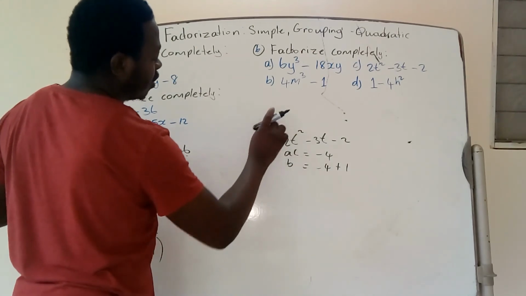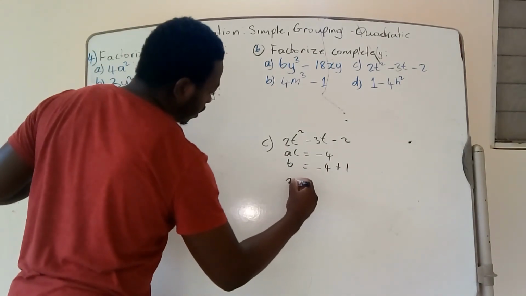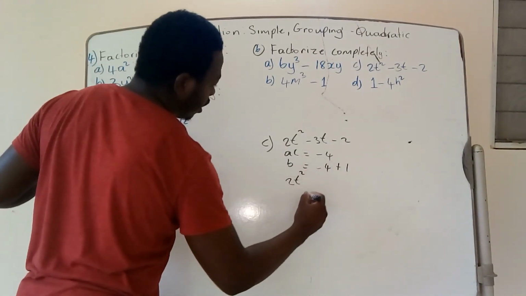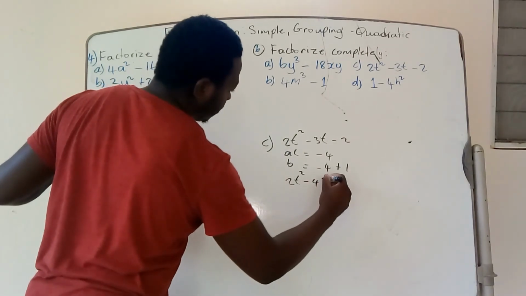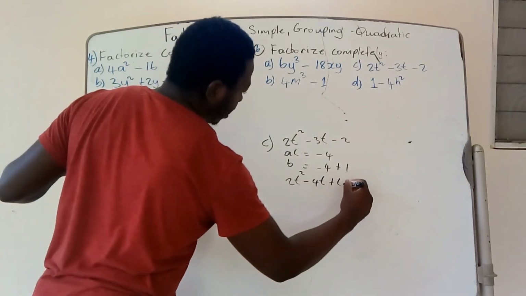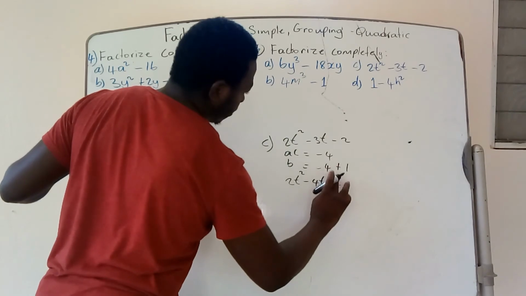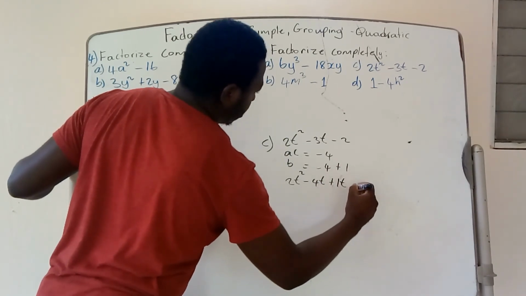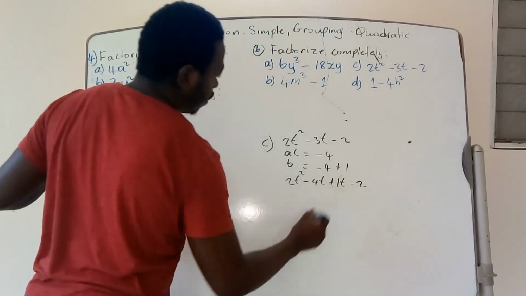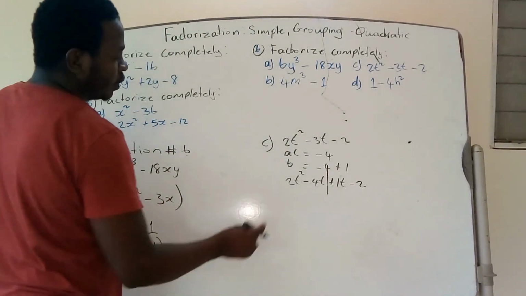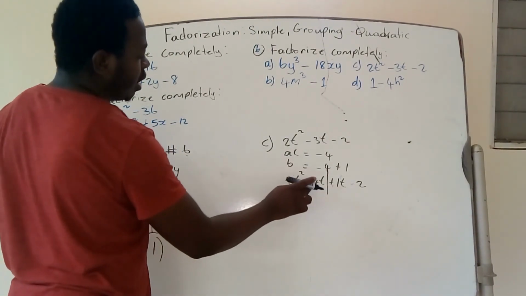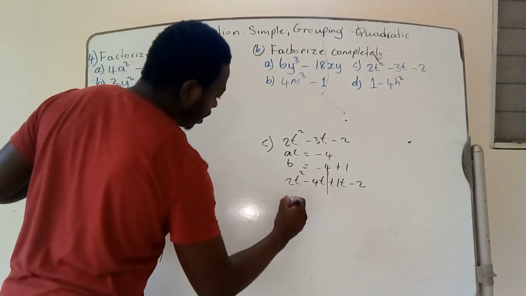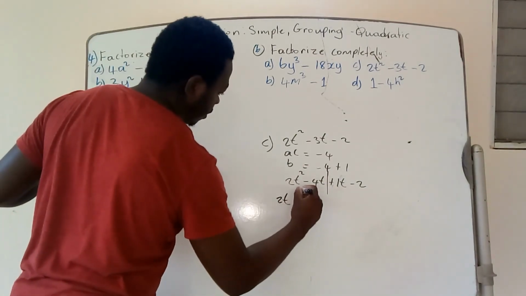So now we can rewrite our expression. So this is going to be 2t squared minus 4t plus 1t minus 2. Factorize by grouping. Here we have 2t squared minus 4t, so 2t is common.